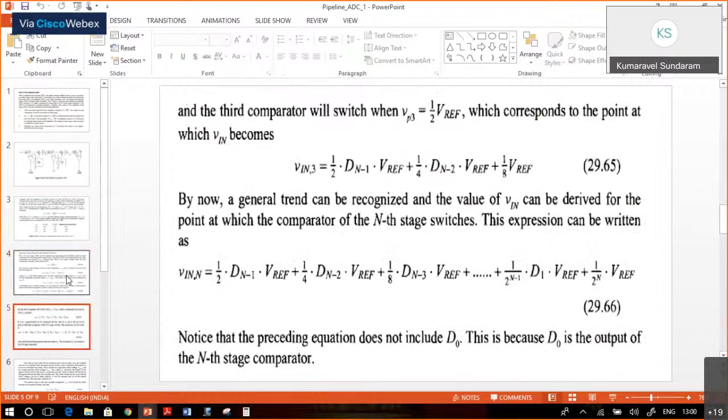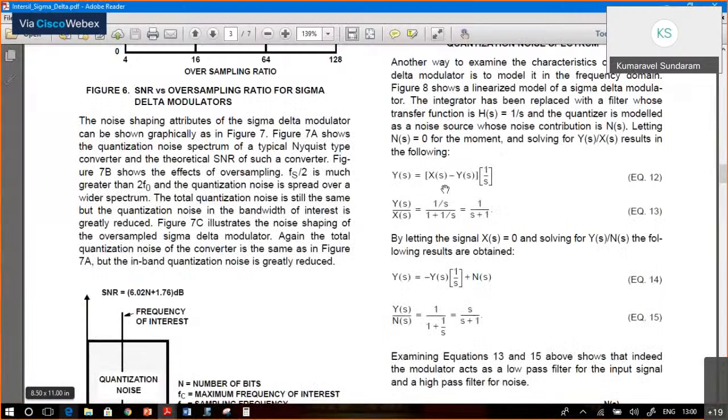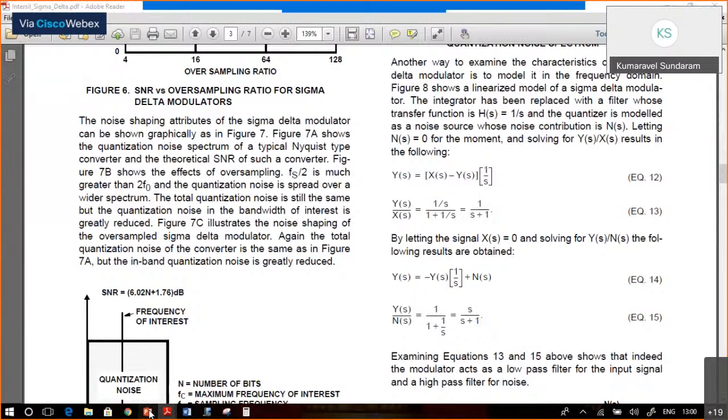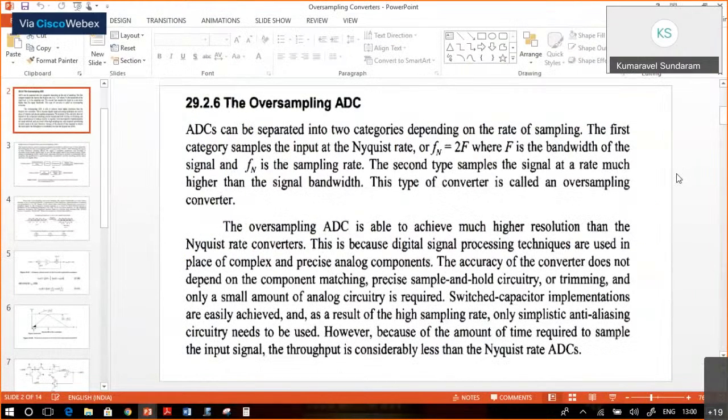Fine. So these are some familiar Nyquist rate A to D converters. Now, a quick recap on the sigma delta oversampling converters. Oversampling converters means the sampling is done at a much higher rate.